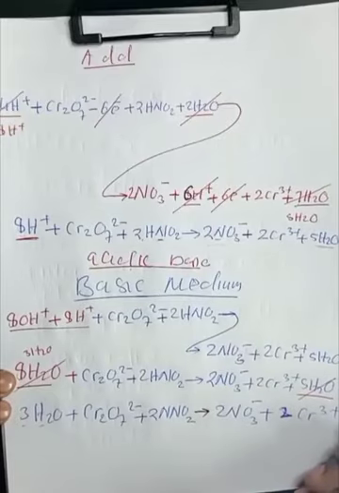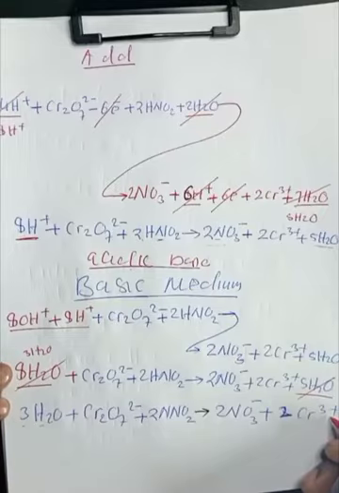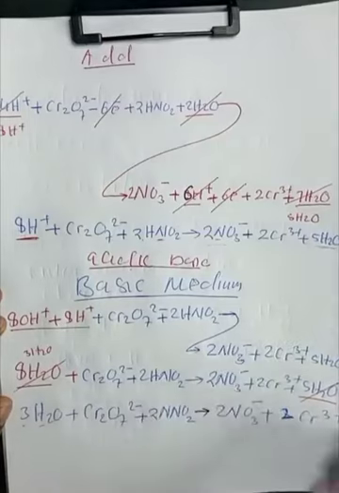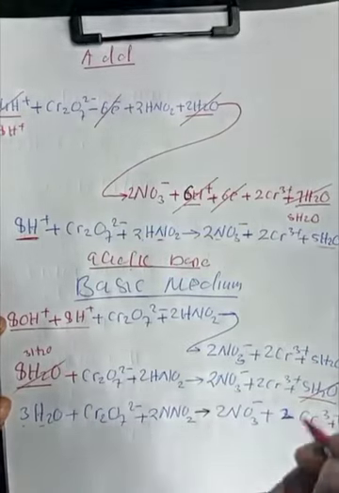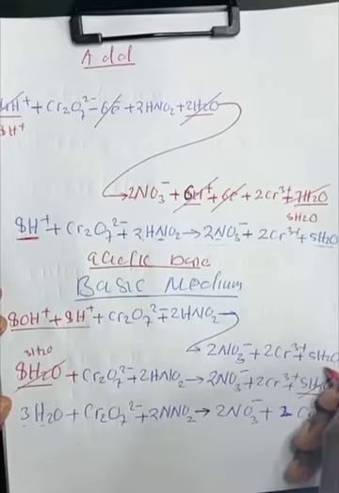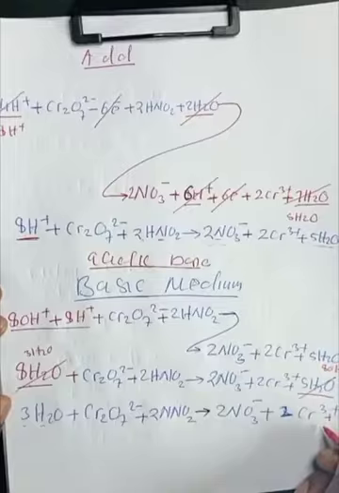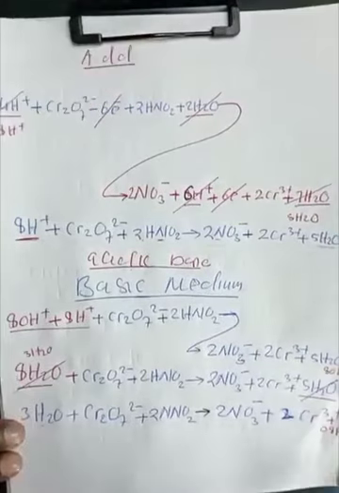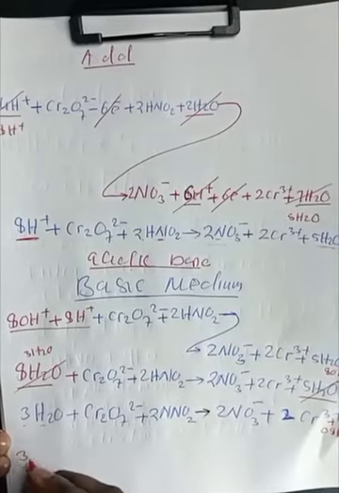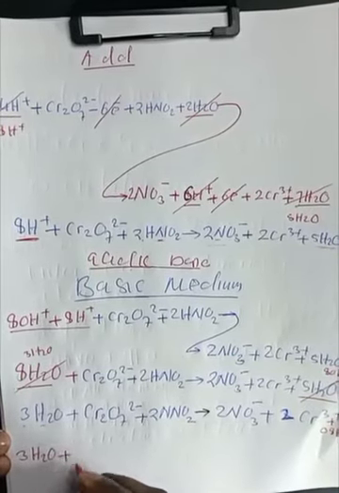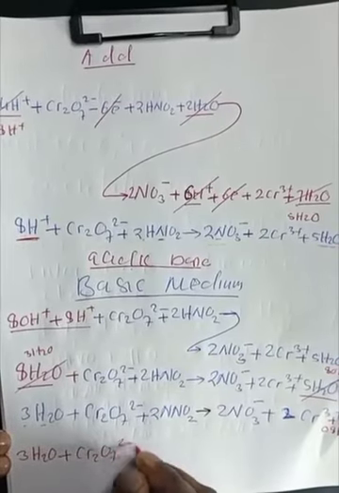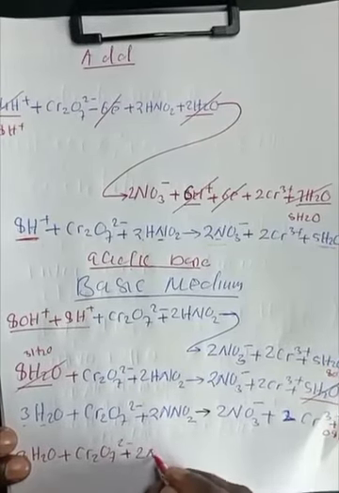So we said added plus how many hydroxide are on this side? So we left out 8 hydrogen ion here, which is 8 hydroxide. Okay, so even here we say 8 hydroxide. Let me just write it properly here. It's going to be 3H2O plus Cr2O7 2 minus, and then plus 2HNO2.